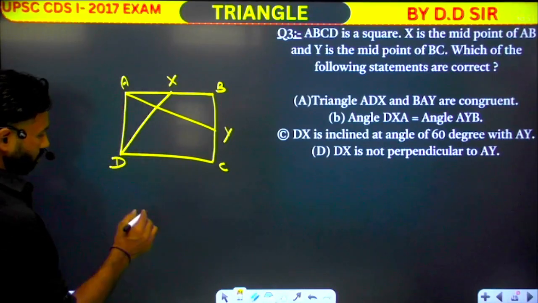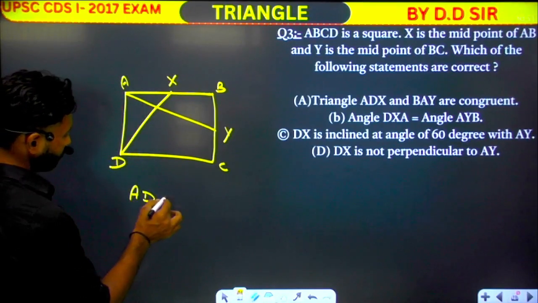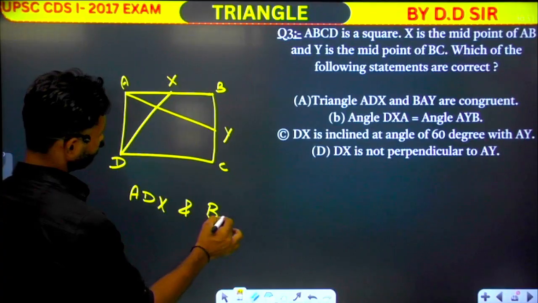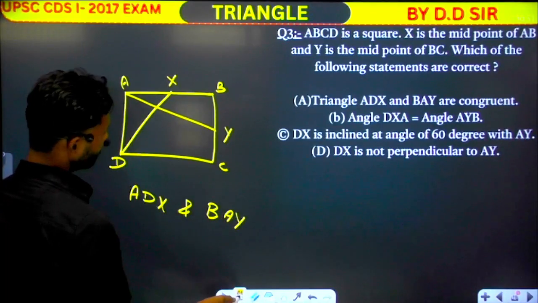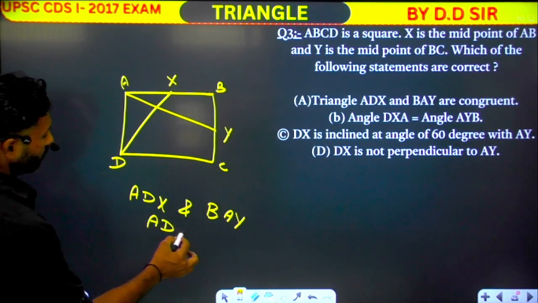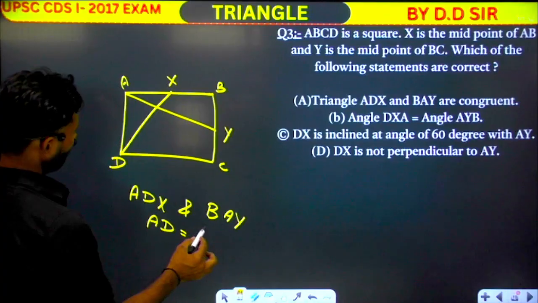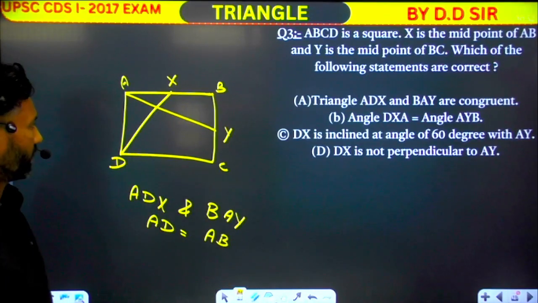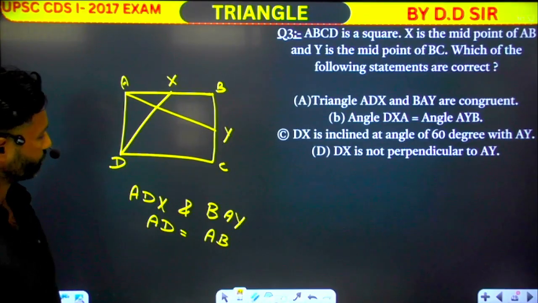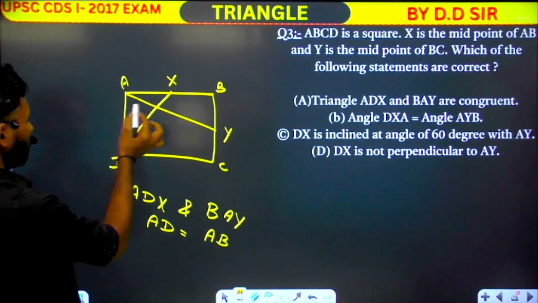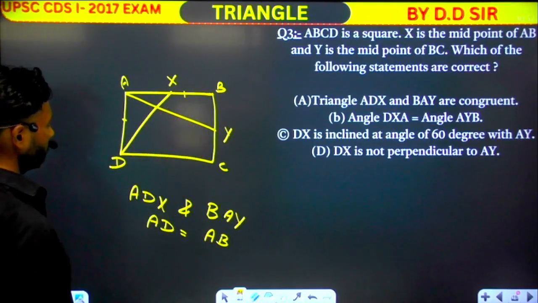So in triangle ADX and in triangle BAY, can I say AD is equal to AB? Yes, we can say that AD is equal to AB because this is a square and each side will be equal.